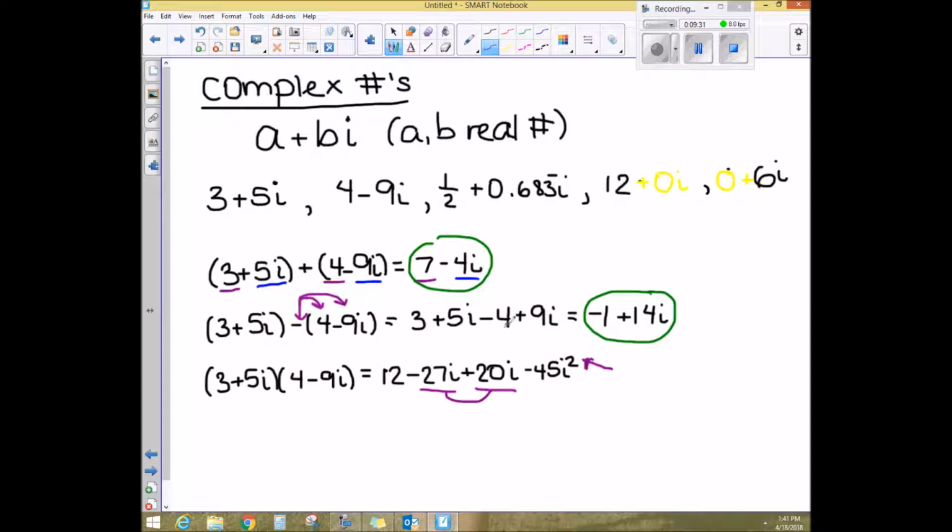And then I can combine some more things. So negative 45i squared is negative 45, and i squared is negative 1. What that turns into then is a negative 45 times a negative 1 is a positive 45. So I can now combine my first terms and last terms together and get a 57 out of that, minus 7i.